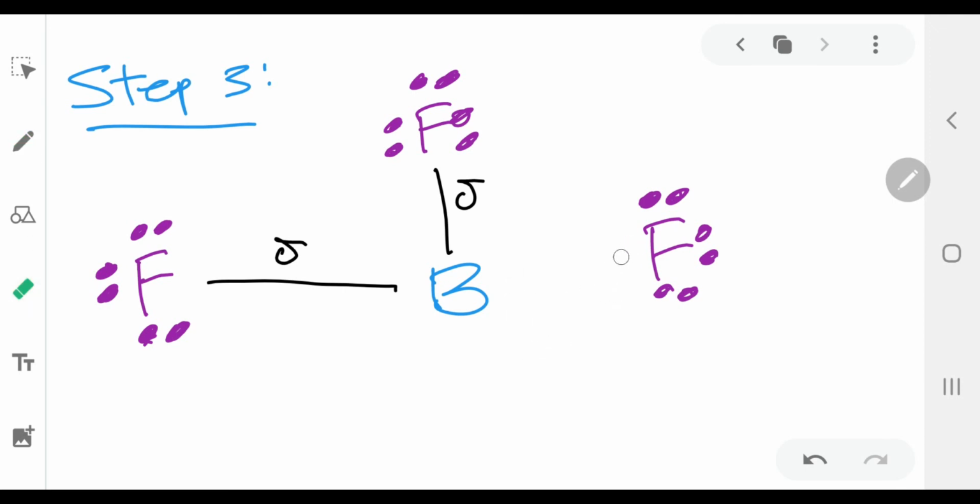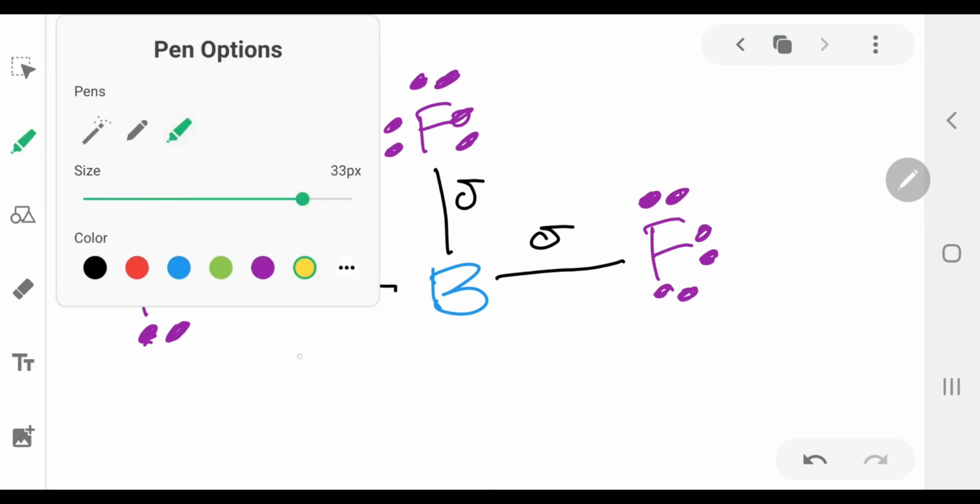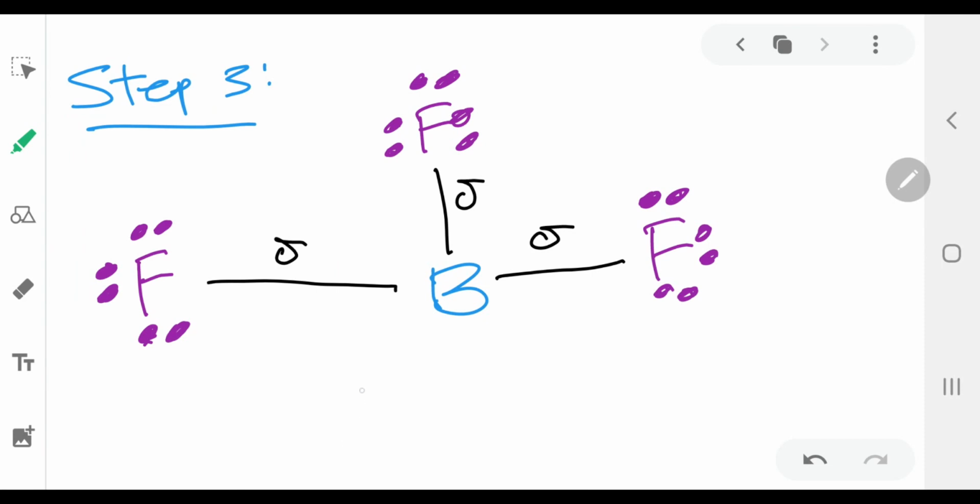Unpaired, another unpaired, you form another bonding pair. So you have 3 bonding pairs surrounding the boron atom. That is not 8 valence electrons surrounding boron. So you have 1, 2, 3, 4, 5, 6, but this is already stable.